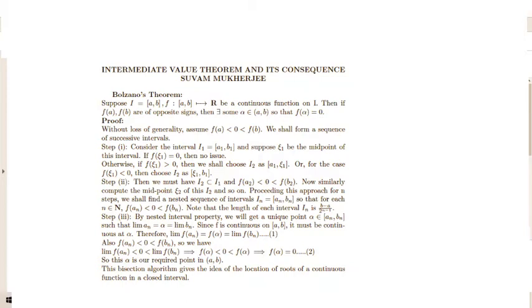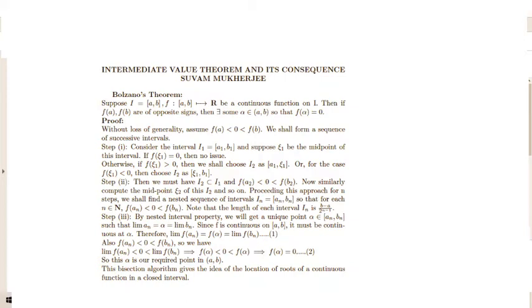In the first step, we consider the interval I1, denoted by [a1, b1], which is nothing but the original interval [a, b], and we compute the midpoint of this interval. Let's call the midpoint xi1. If f(xi1) is 0, then there is no issue, the result is proved.